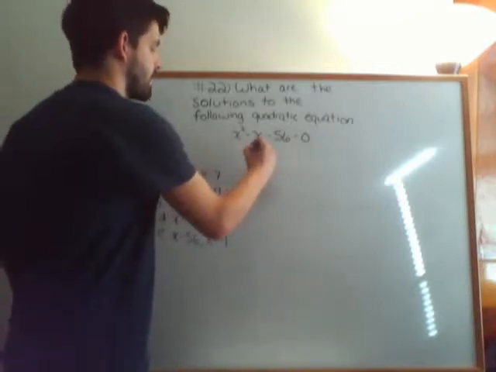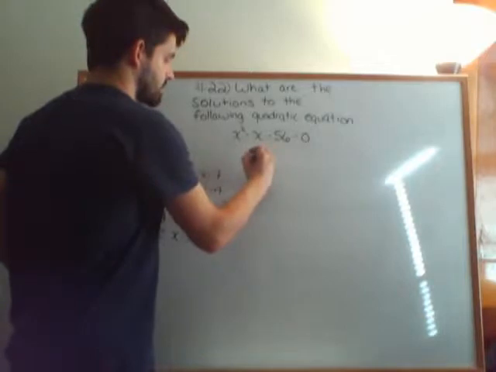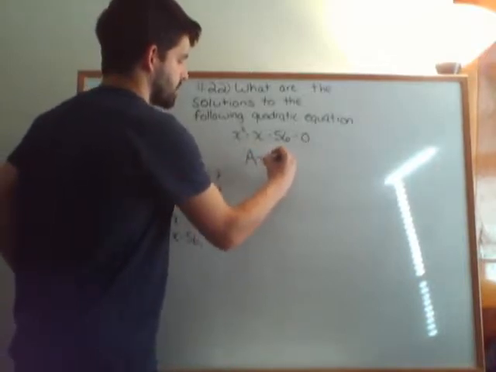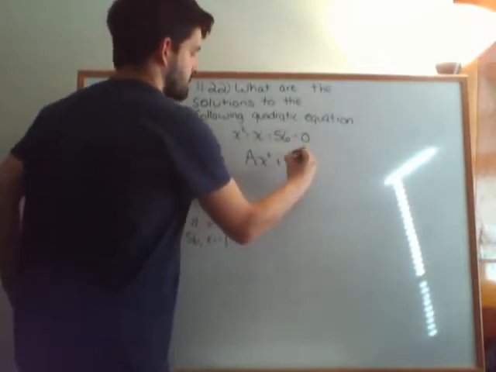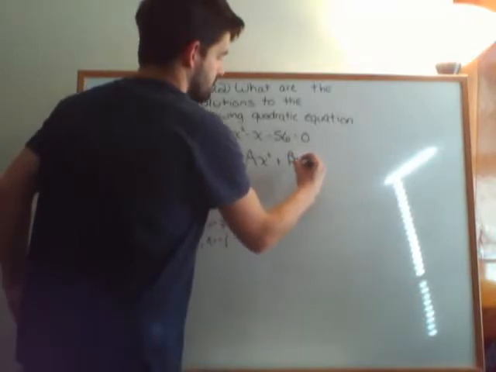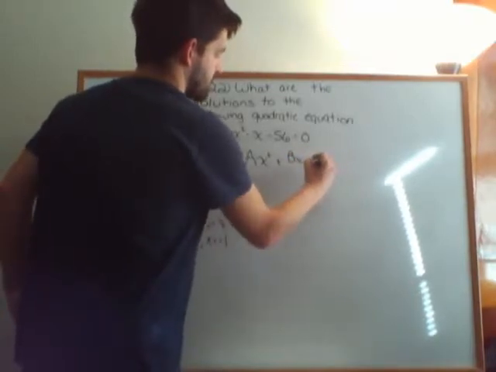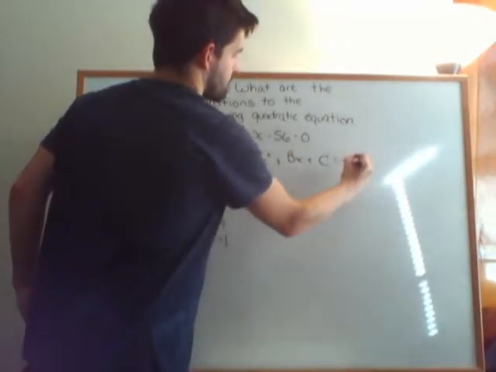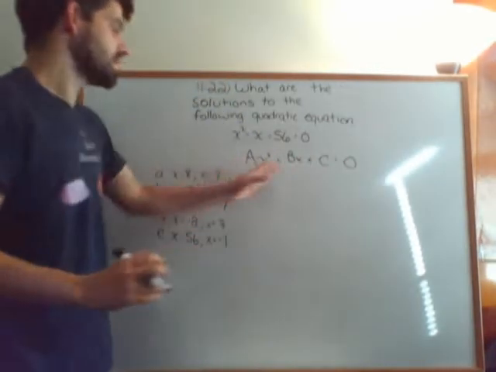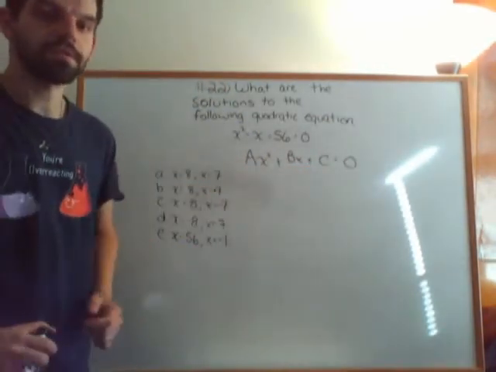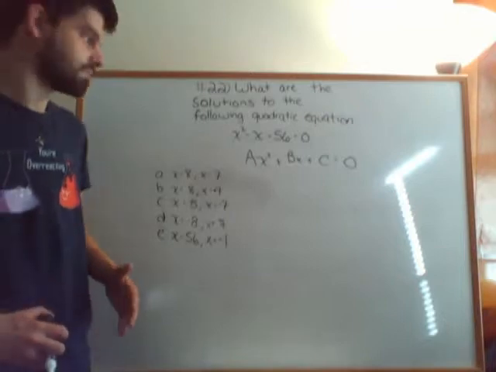let's just recall that all quadratic equations take the form ax squared plus bx plus c equals 0. And that a, b, and c are just the leading coefficients of each of the preceding terms.